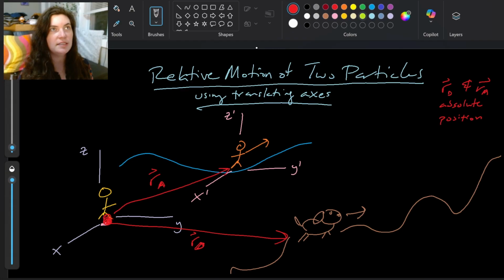But the distance between them, right, we can make a third vector that gives us the position of the dog relative to the man.